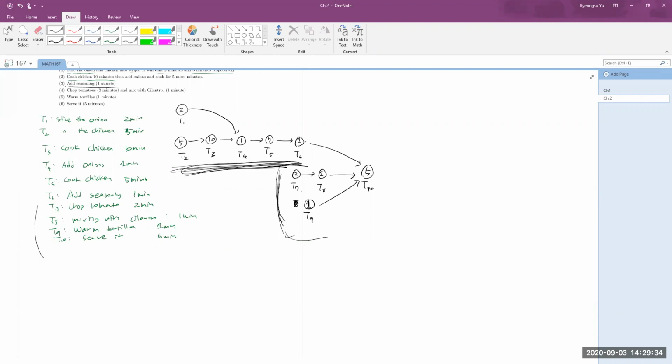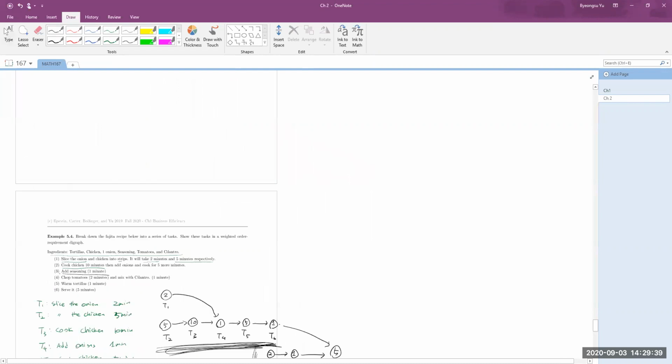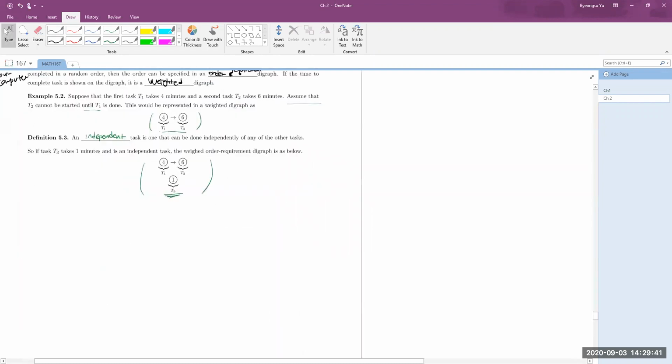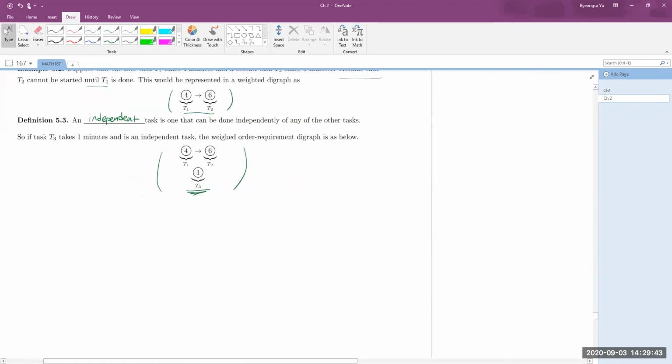Okay, and there is a question from Taylor: can you go back to the definition of independent? Sorry. An independent task is a task that can be done independently. It is shown in the graph as a task with no arrows connected to it. A dependent task has arrows from other tasks, but an independent task has none.